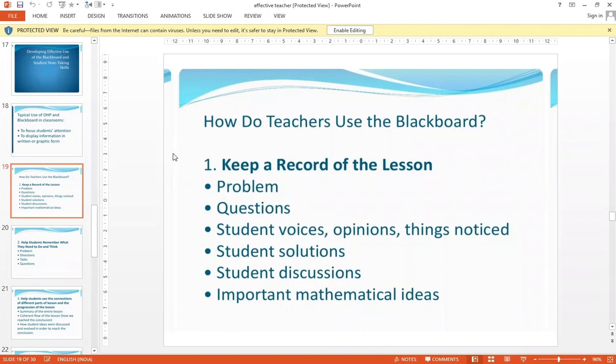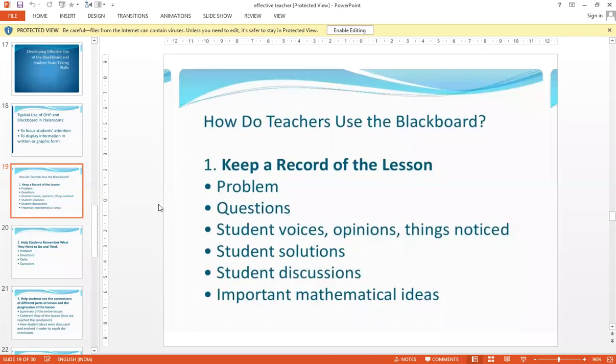Besides this, we also use it for solving problems or questions, for raising students' voices or opinions, and also for student solutions, student discussions, important mathematical ideas. So we mostly make use of this board for recording of a lesson plan.